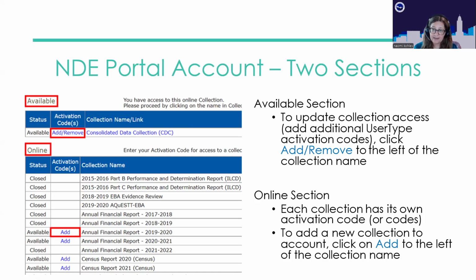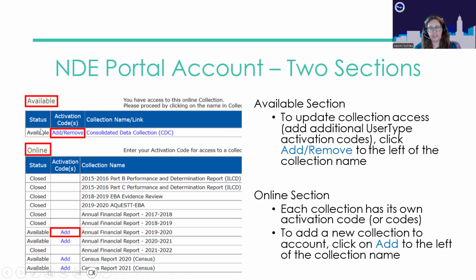Now you can add access, you can remove access, but that blue hyperlink of any collection name means that you have access to it. The bottom section is the online section, and that's the area where you can go and find a collection that you need to add to your portal account. So when you get an activation code from your portal district administrator, you're going to go into the online section, find the add button, click that, and then put your code in.